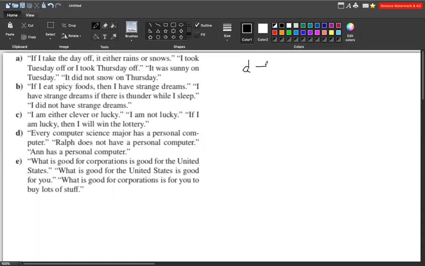If I take the day off, then either it rains or it snows. Then I took Tuesday off or I took Thursday off, which are basically days.